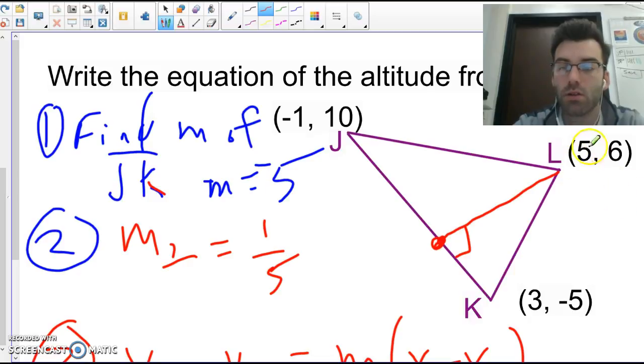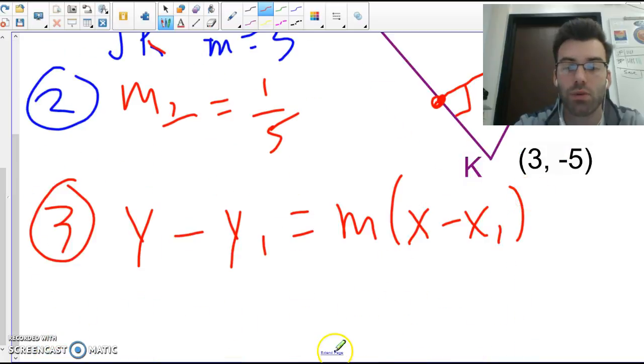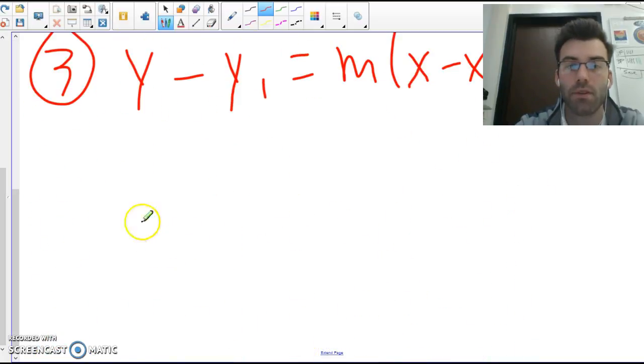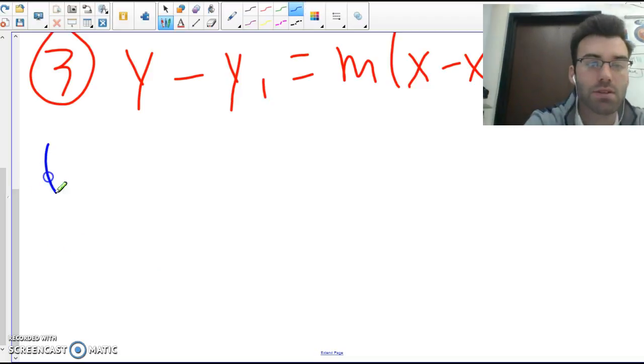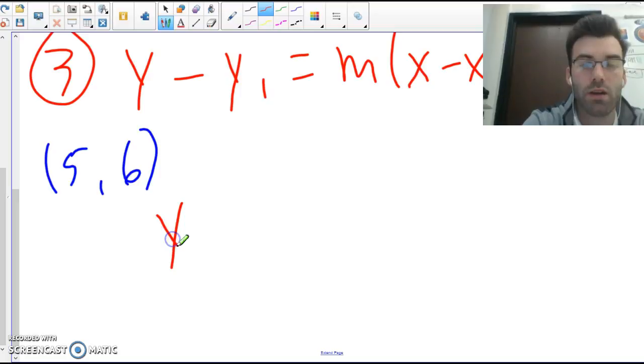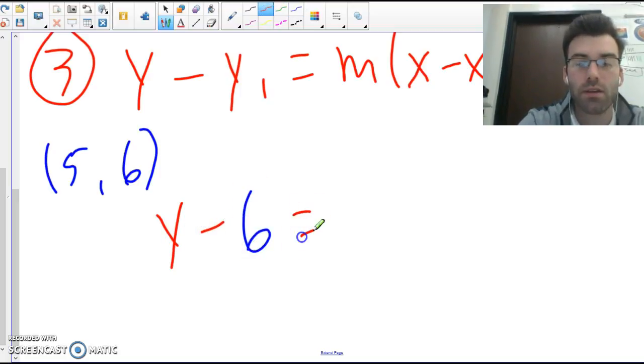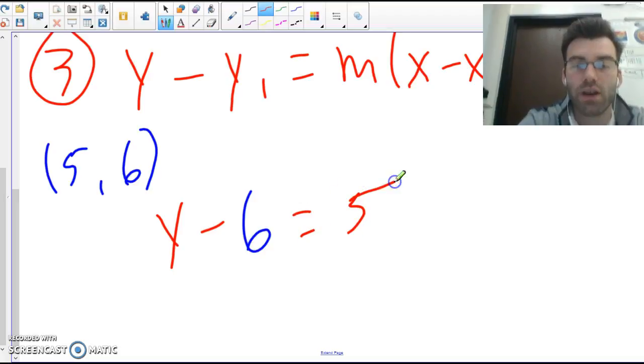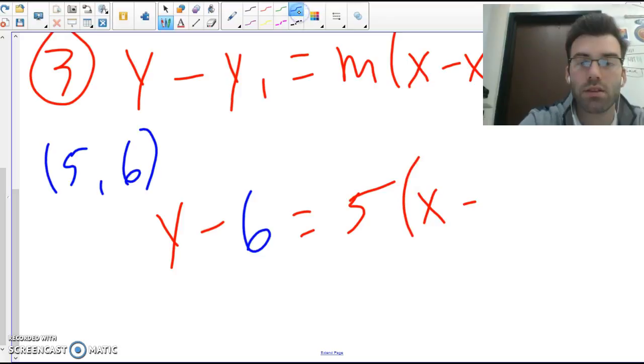So the point that I need to be using for this equation is L. I need to use 5 comma 6 when I plug into point slope form. So that becomes y minus 6 equals 5 times x minus 5.